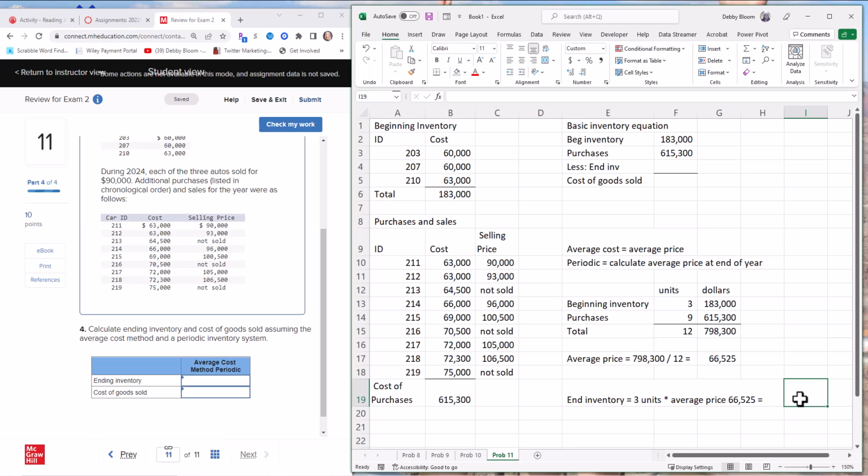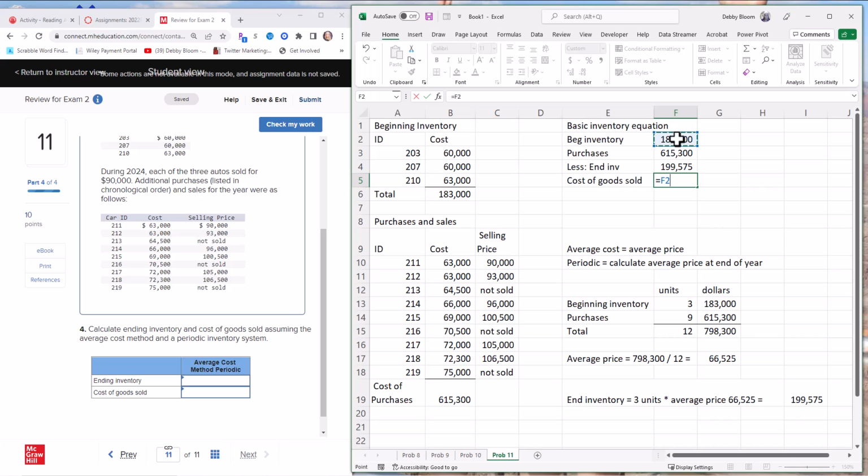So if I take 3 units, multiply each one by the average price of $66,525, I'm going to get a total of $199,575. So using average cost, I'm going to assume that my ending inventory is $199,575, and once again calculate cost of goods sold the exact same way.